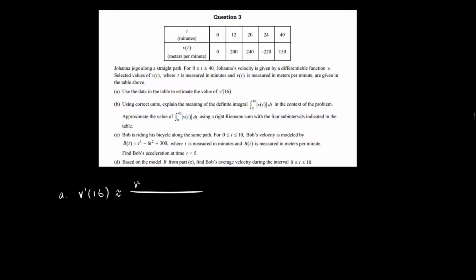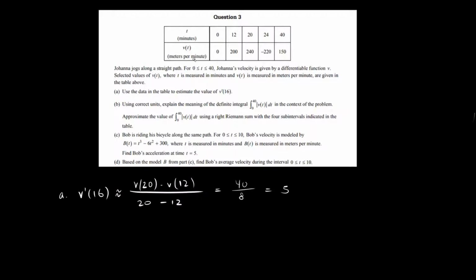So this is v of 20 minus v of 12 over 20 minus 12, which equals your 240 subtracted from your 200, which is 40, over 8, which is equal to 5.